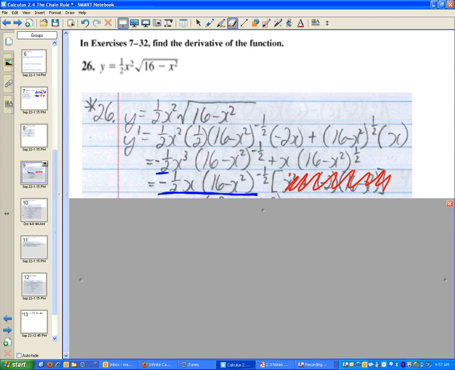Negative 1/2 divided by itself is 1. X cubed divided by x is x squared. And then that quantity with the negative 1/2 divided by that exact same quantity to the negative 1/2 is another factor of 1. So I've got 1x squared times 1, which is just x squared, right?